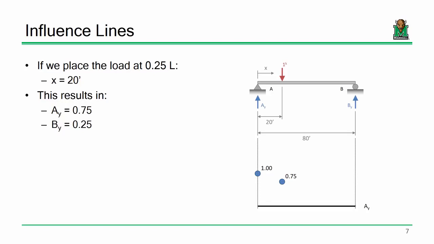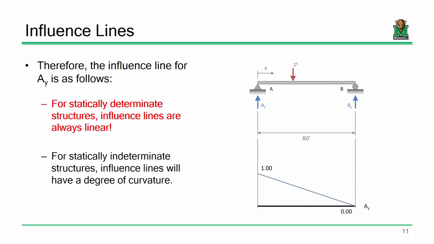If I put it 20 foot over, that's a quarter of the way over, so this becomes 0.75. That one's going to become 0.25. You kind of get the pattern from here, right? So long and short of it is, that is the influence line for the reaction at A.